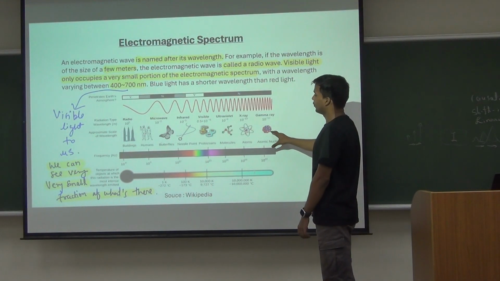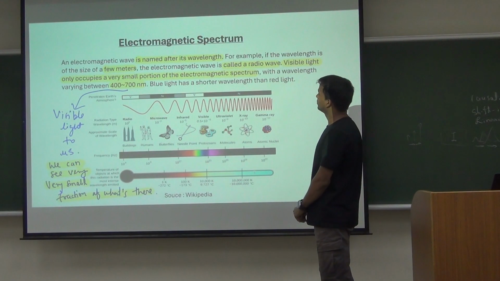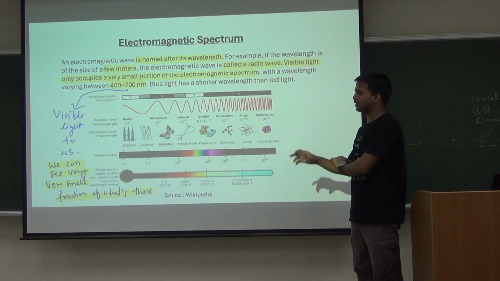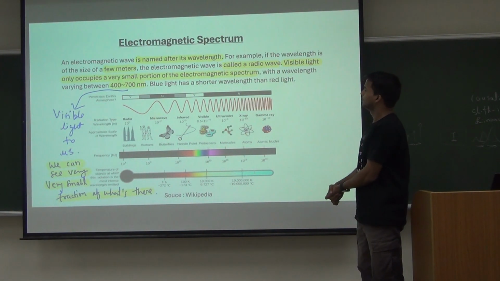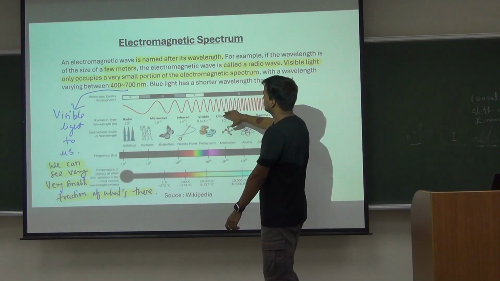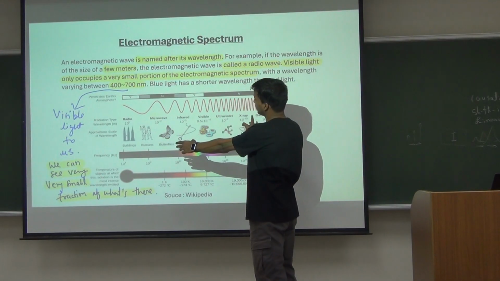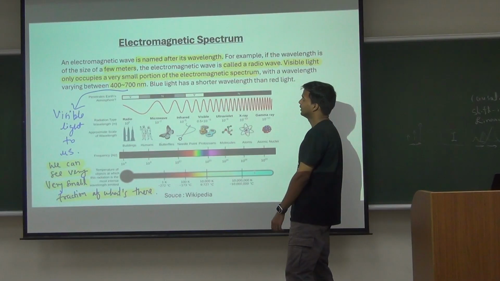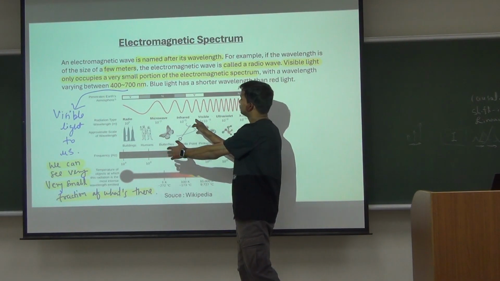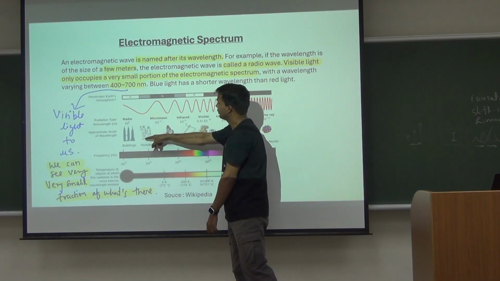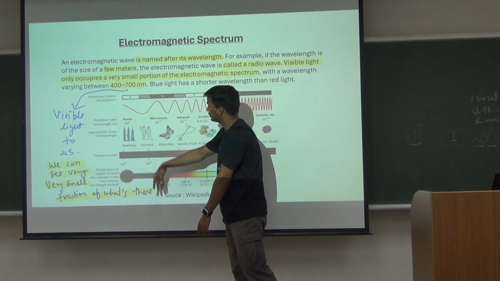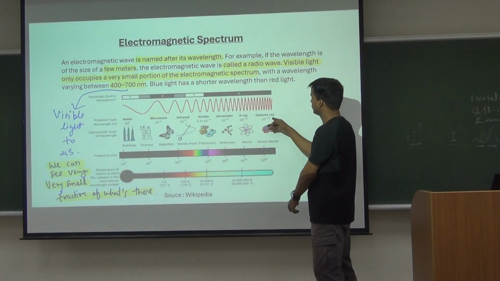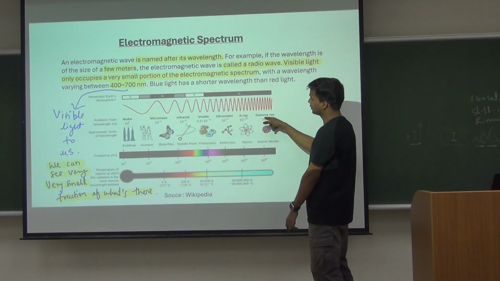Now we talk about the electromagnetic spectrum. EM waves are classified based on their wavelengths. This is the whole electromagnetic spectrum, ranging from radio waves to gamma rays. Radio waves have the largest wavelength, and in this order we have the shortest wavelength here, gamma rays.